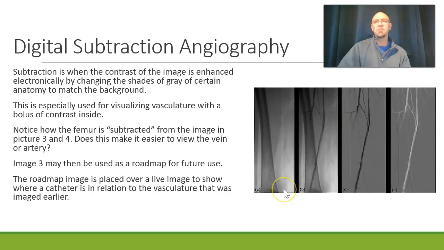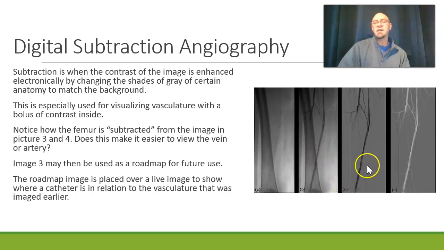The software does its best to match up everything with the same shade of gray, but you can still almost see an outlining of the bone. Nevertheless, to the eye, you don't have to worry about this area here. The shades of gray of the bone kind of match the shades of gray of the vessel itself. So if we take that bone away with subtraction, which they've done here, even though you can still see the outline of the bone, it's still a little bit easier to see what's going on right here as opposed to right here.